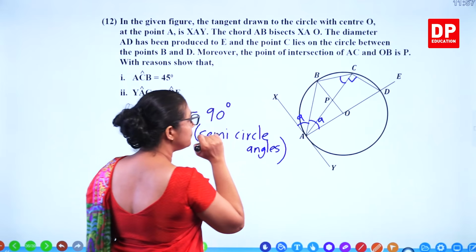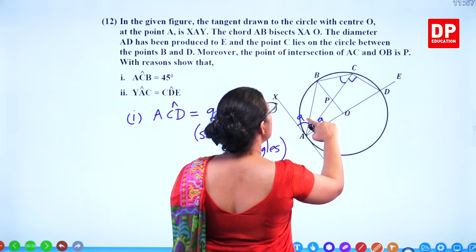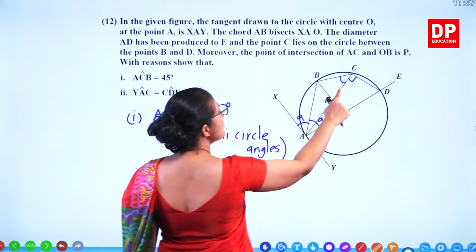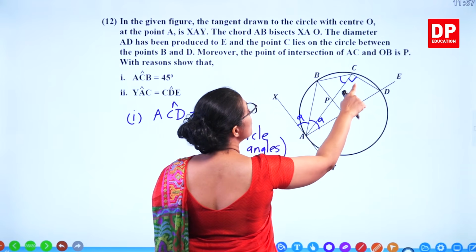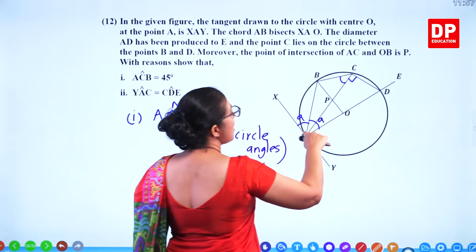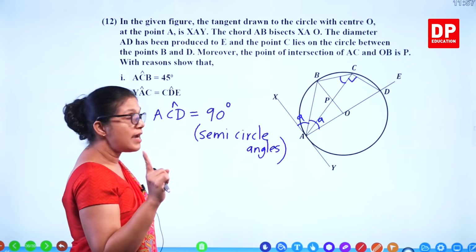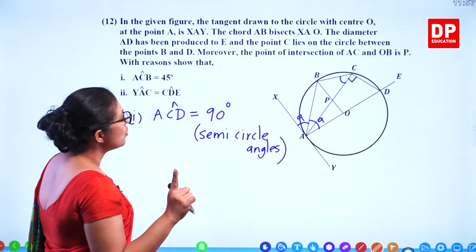What else do we know? This one is A, and we know this is a cyclic quadrilateral. Opposite angles add up to 180. So what can you write?